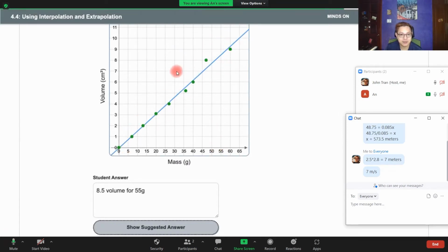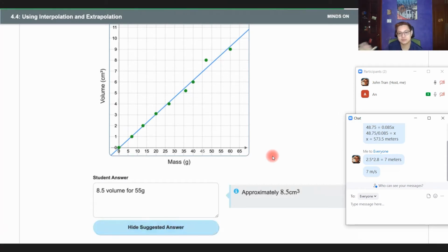So now it's interpolation. So you can guess that it's about, say, 8.5, isn't it? Okay, let's show the suggested answer. You have to write the right units, okay? It's cubic centimeters.